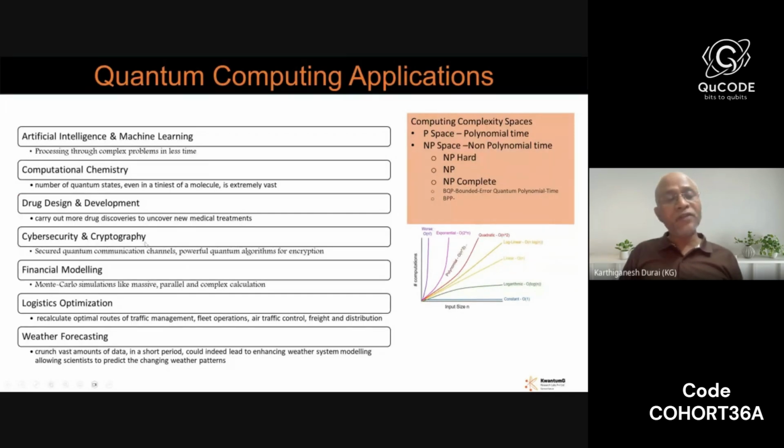Then cryptography and cyber security, meaning in cyber security we discuss quantum communication, how an entangled photon or a photon in superposition can promise the most secure form of communication.